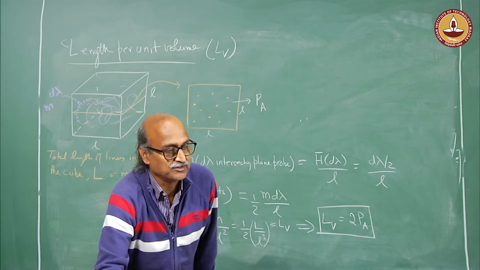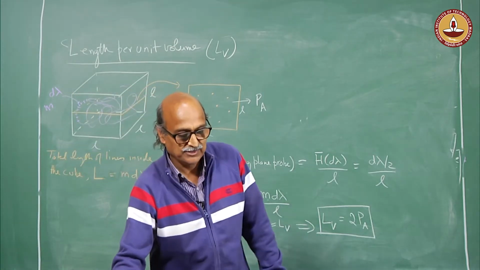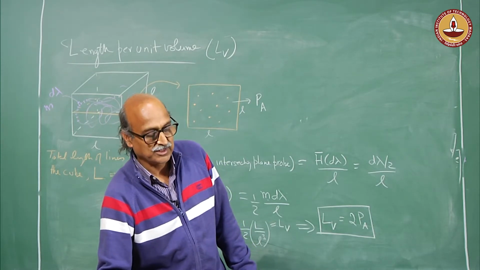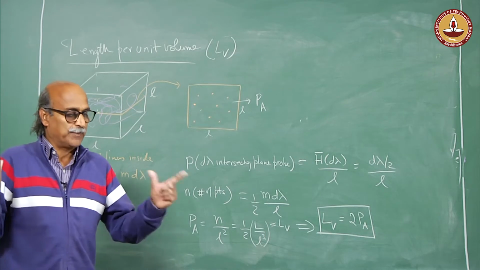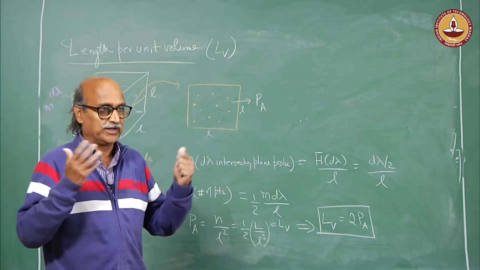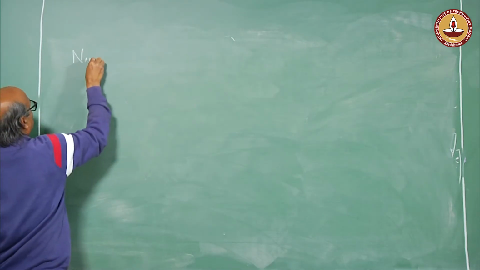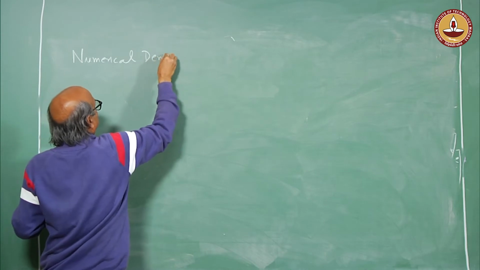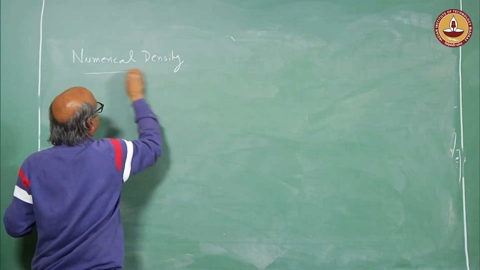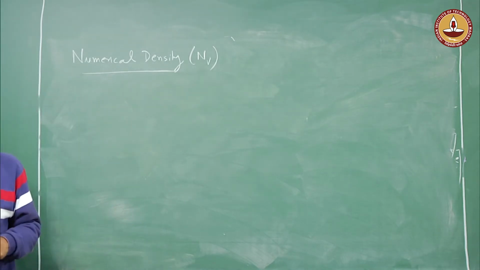Now, I have the last fundamental relationship left in stereology, which is number per unit volume. When I have so many particles in a unit volume, how can I estimate that? So, numerical density, N V, number of particles per unit volume.